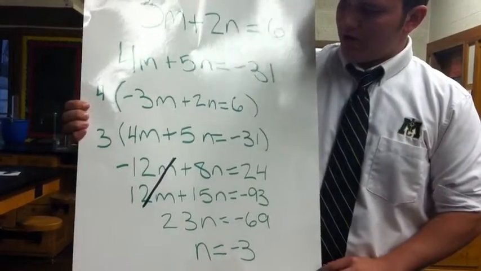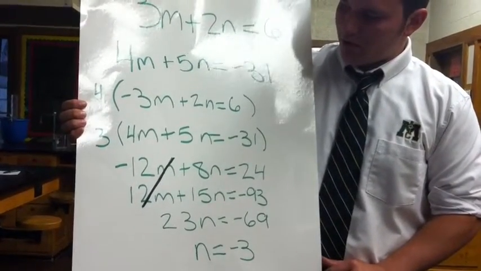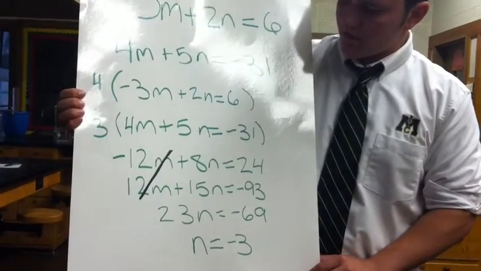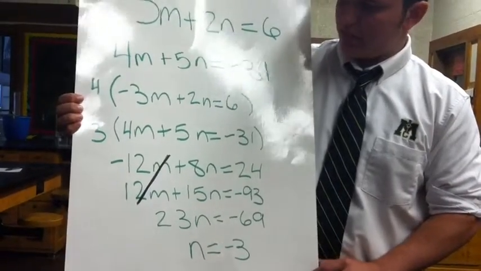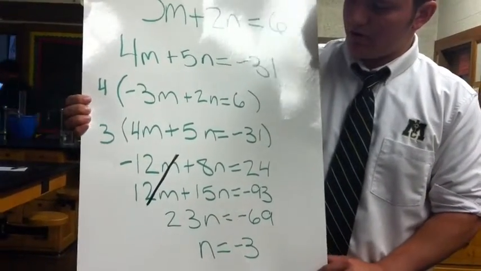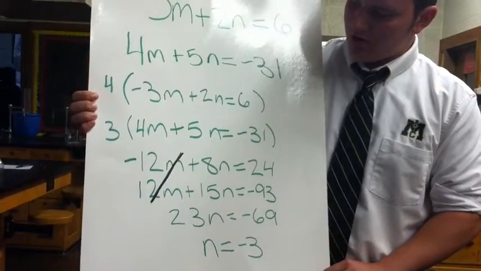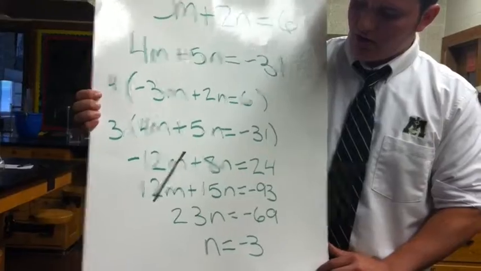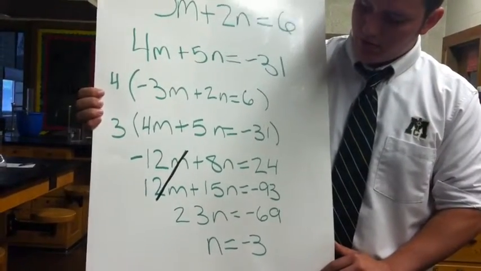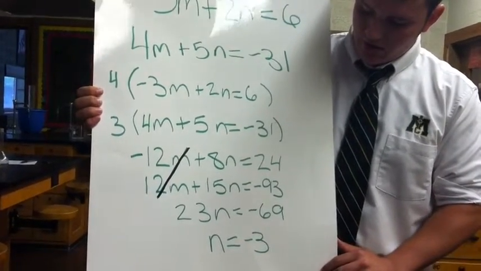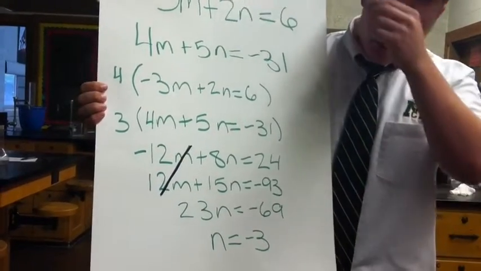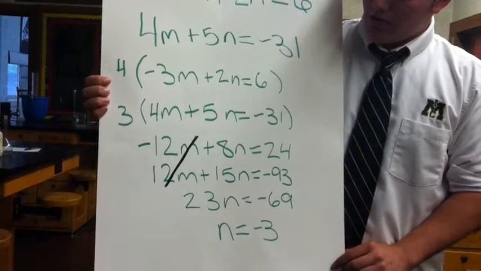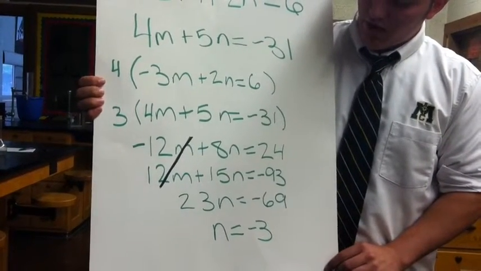In this one, we're going to multiply the first one by 4 and then the bottom one by 3, so then we'll end up with -12m plus 8n equals 24, and then the bottom one is going to be 12m plus 15n equals -93. The m's will cancel out because the top one's a -12 and the bottom one's a +12.